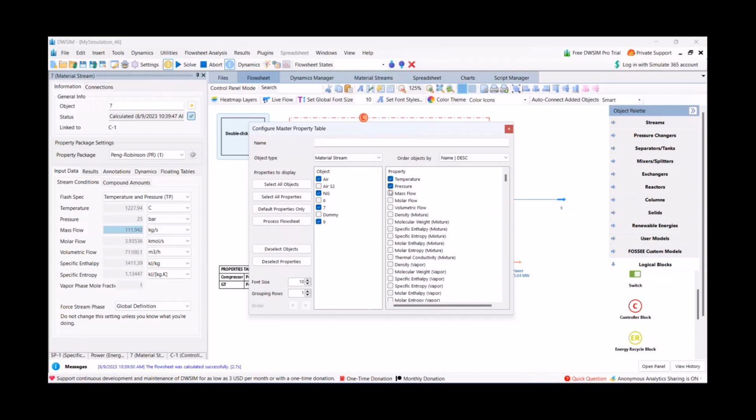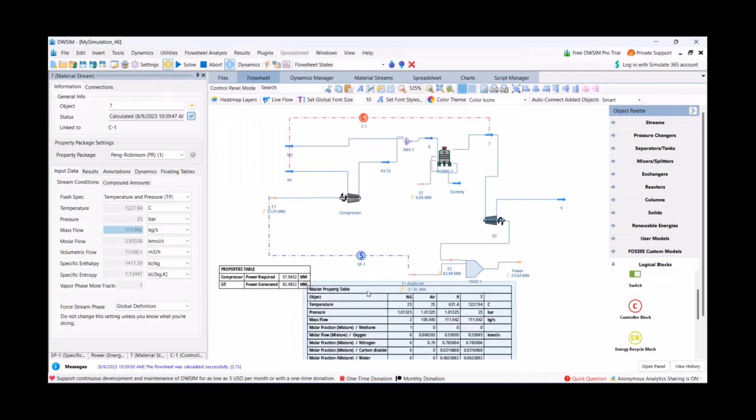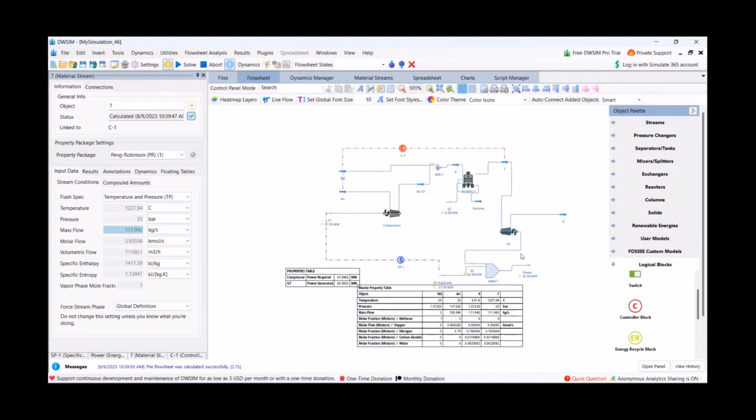Here temperature, pressure, mass flow, and molar fraction methane, molar fraction oxygen, molar fraction nitrogen, or whatever you want. Molar fraction carbon dioxide, and at last molar fraction water. Yes, now you can visualize these properties here.